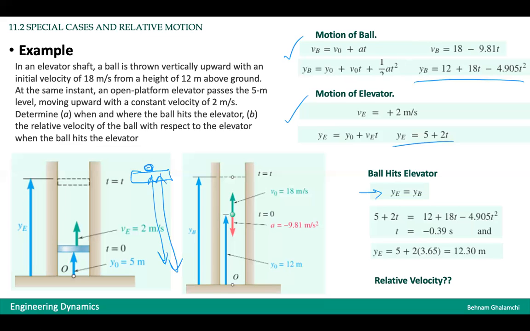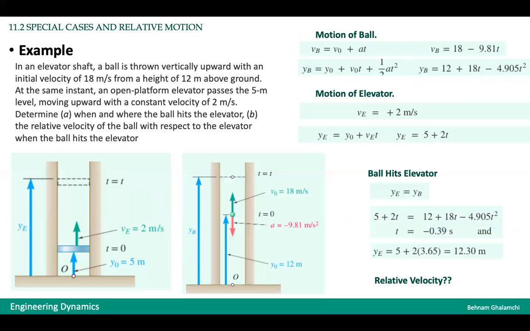We already found both of those, so we just set them equal. This is t to the power of 2. We should find two values. The first value is a negative time, so it's not valid. The second value is 3.65. If we put this time, 3.6, in either of these equations, YE or YB, no matter which because they are equal at that point, we should be able to find the elevation.